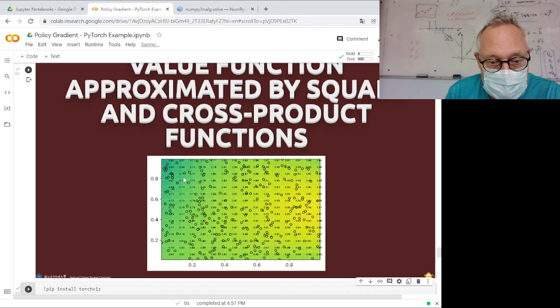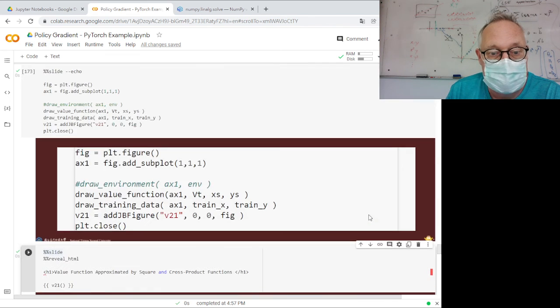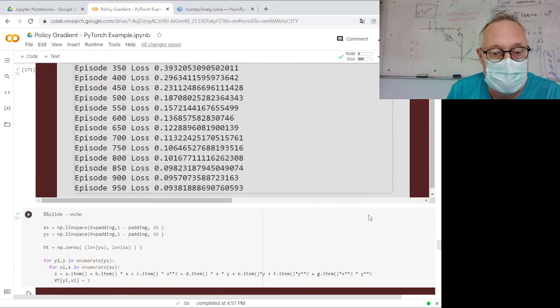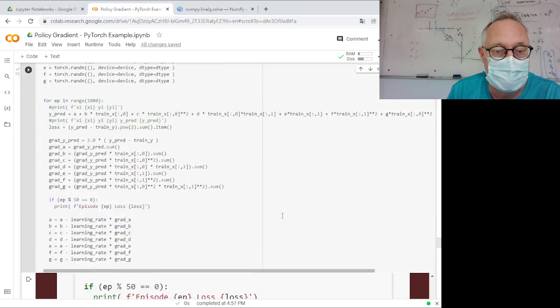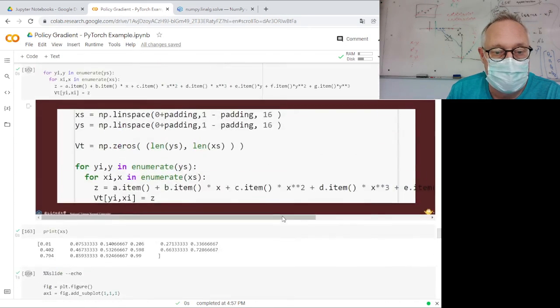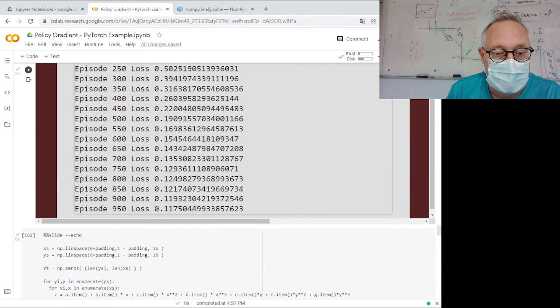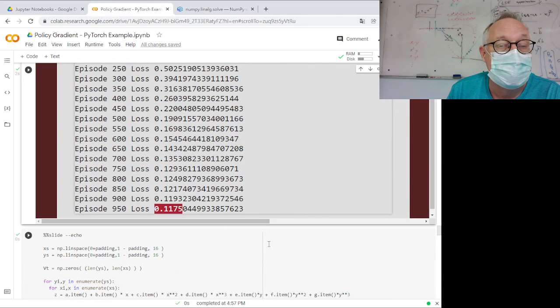And it seems to definitely take out this part better on the left-hand side here, where the wall is. This one here is a little bit hard to see, but if I look at the error, it's not that much difference. This one works slightly better, 0.09, as opposed to 0.11 on the cubic function.